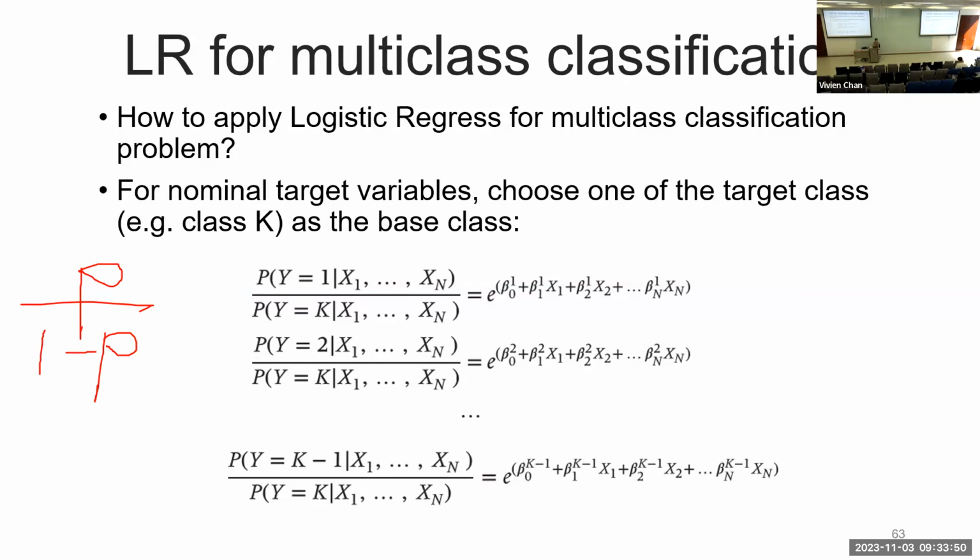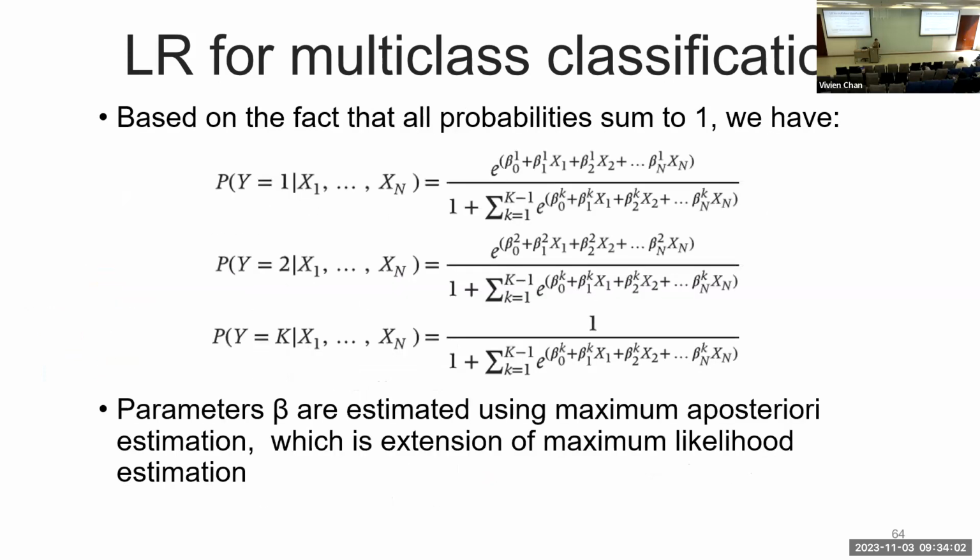Then you can get the formula, which is very similar to the previous logistic regression. After reordering or solving these formulas, you will have the probability of each of the class labels. So the idea is very similar, it's just that the formula is a bit different for multiple classes. And the interpretation of all the betas is the same as for binary class. So this is logistic regression.